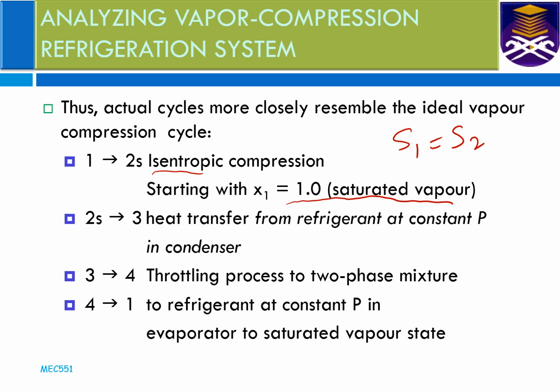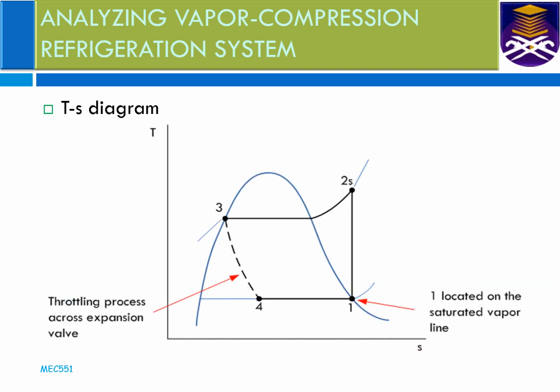Then there is heat transfer from 2s to 3 in the refrigerant at constant pressure in the condenser. 3 to 4 is a throttling process in the two-phase mix where H3 is equal to H4. Then 4 to 1 is the heat absorption in the evaporator at constant pressure to the saturated vapor state. Okay, and I want to highlight that there is an arrow missing in this slide.